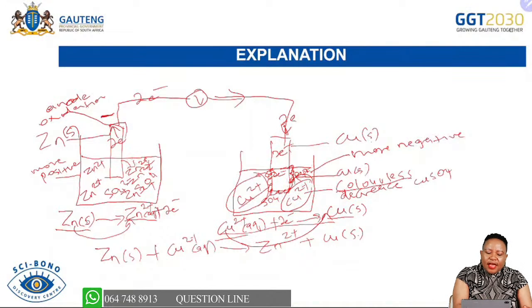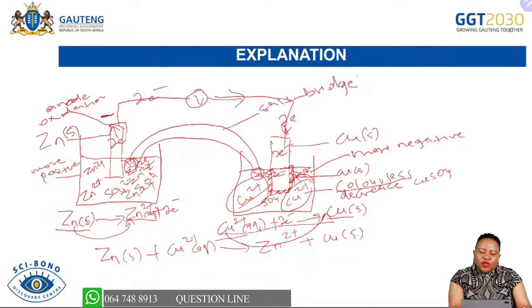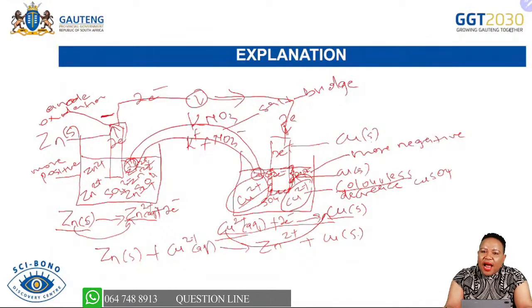Therefore, the imbalance of the two electrolytes in terms of the number of ions will make us not have a functional cell. Therefore, the function of a salt bridge, let's say we are using potassium nitrate, which has positive ions plus negative nitrate ions, is to bring cell neutrality and neutralize our electrolytes.